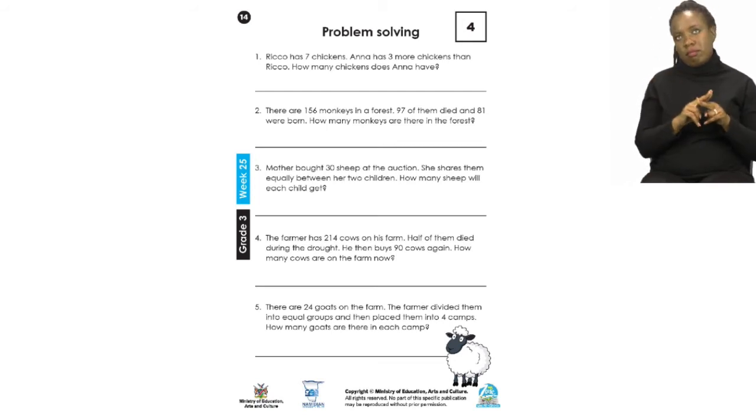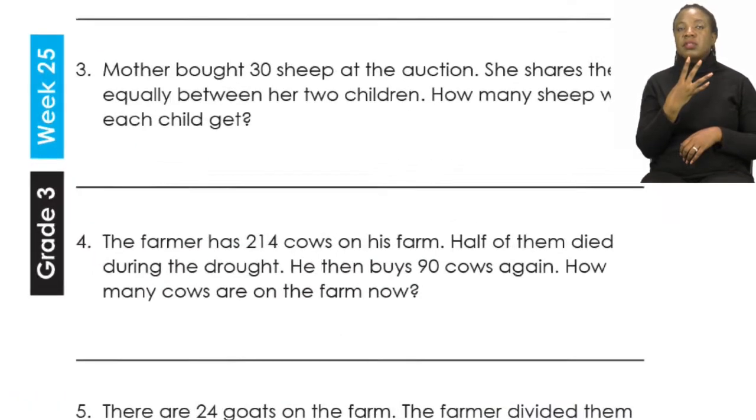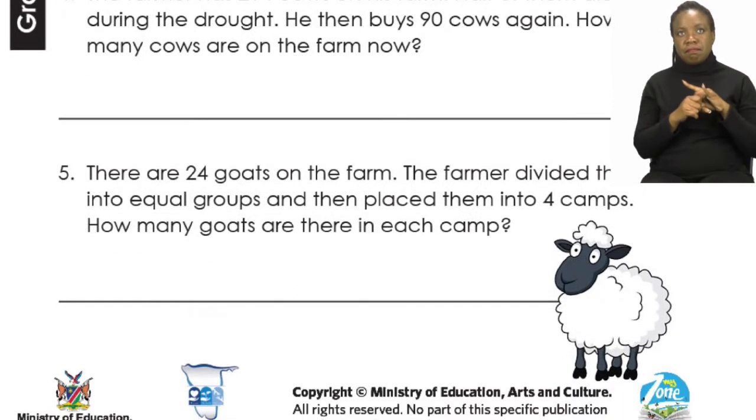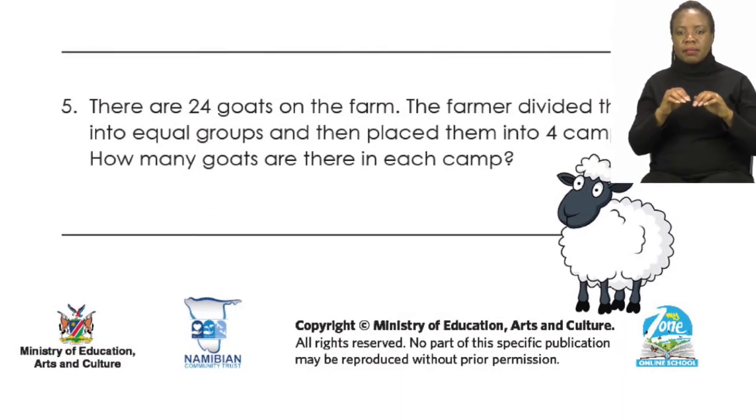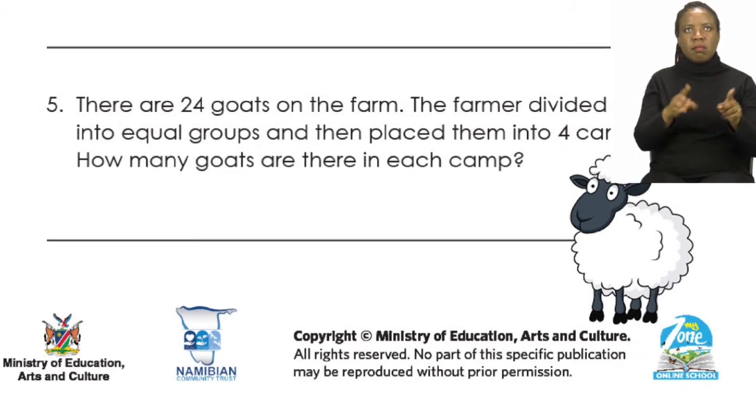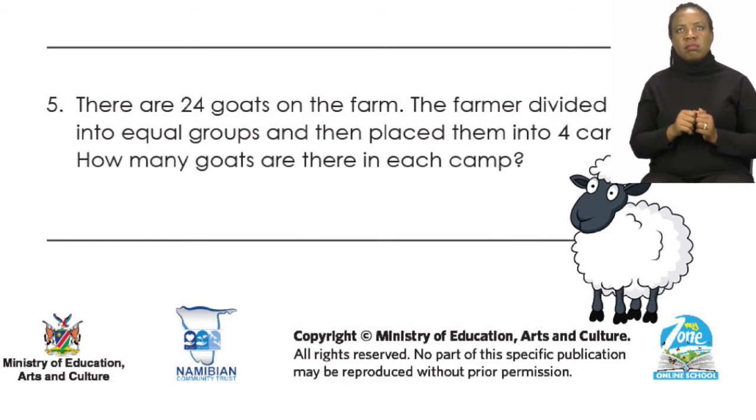So, let's do number 5 together. Number 5 says, there are 24 goats on the farm. The farmer divided them into equal groups and then placed them into 4 camps. How many goats are there in each camp?